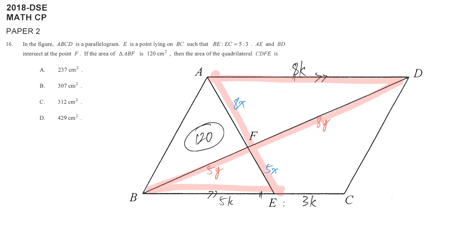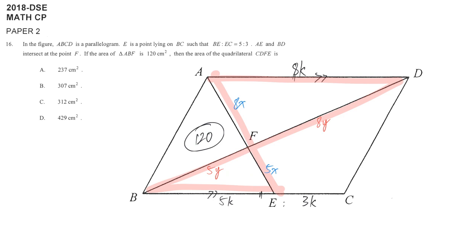So after that, we are searching for the area. This one is 120, the only area we have. This is a triangle together with this triangle with the same height, but they have different bases, which means the base ratio represents their area ratio here.